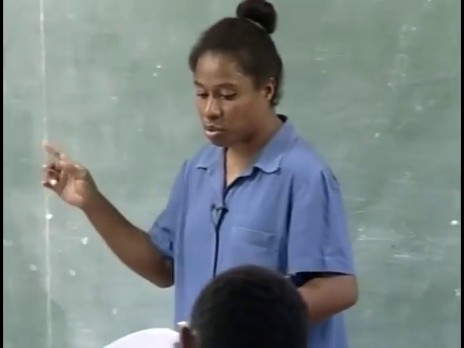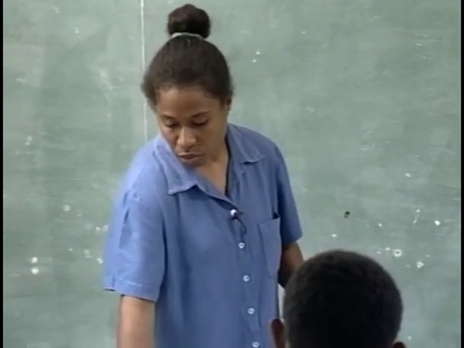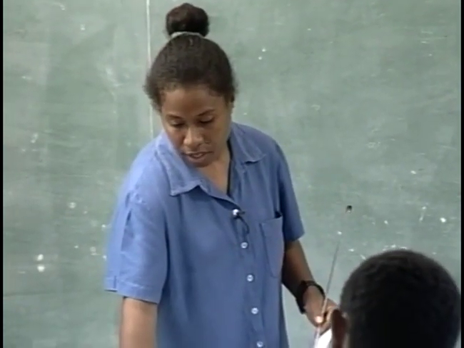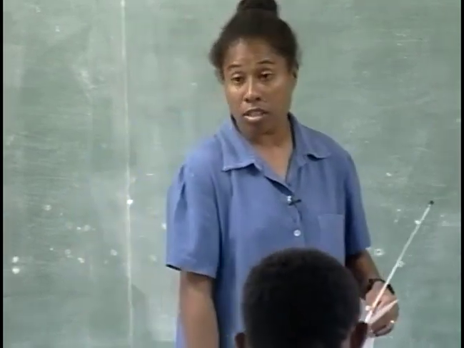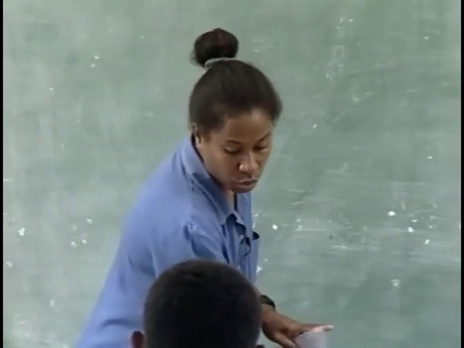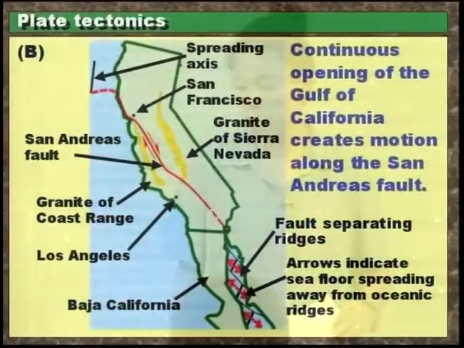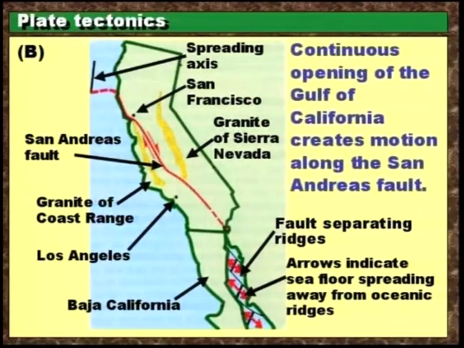Okay, we look at those two questions, and I think we need to make reference to the diagram so that will help us with the answering of the two questions. First of all, the first question wanted us to look at the general motion or movement of plates in relation to each other with the formation of the St. Andreas Fault.